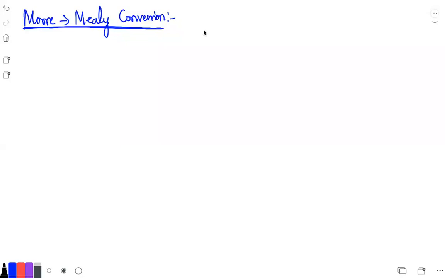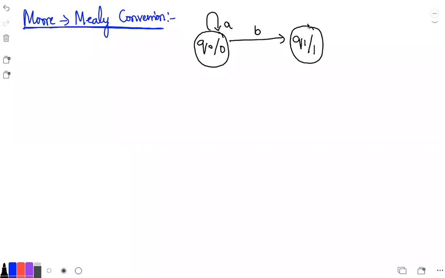I will take the same example with a different output and input combination. Now, this is the Moore machine.